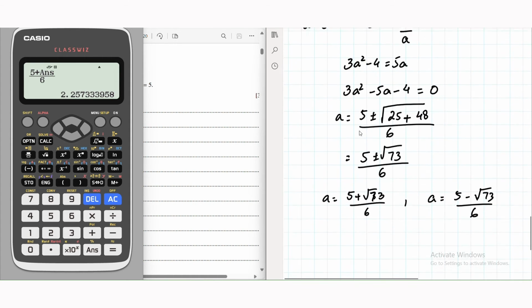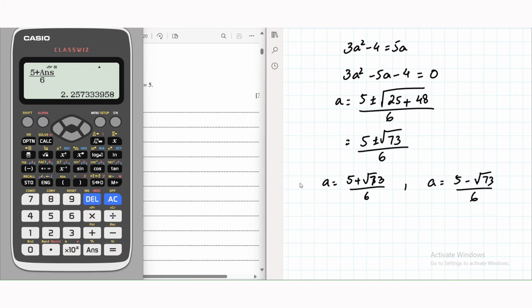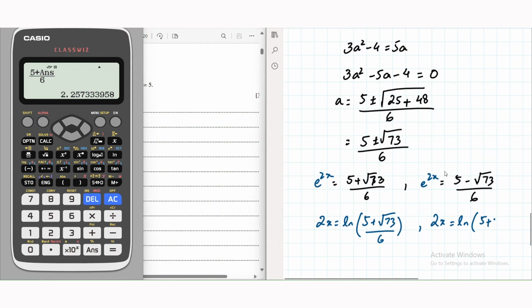Since a was e raised to power 2x, we can write it as e raised to power 2x equals this. Now we simply take the ln of both sides. So that would become 2x equals ln of 5 plus root 73 divided by 6.